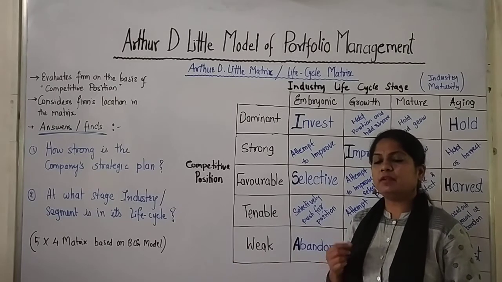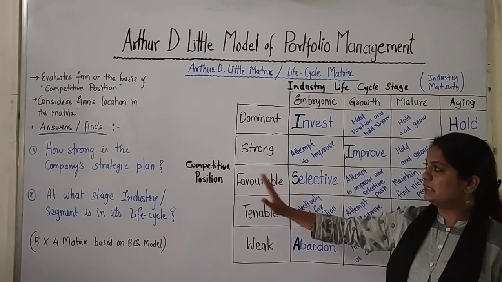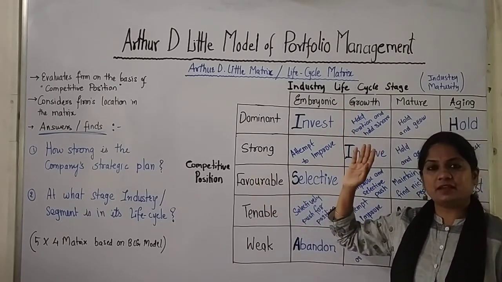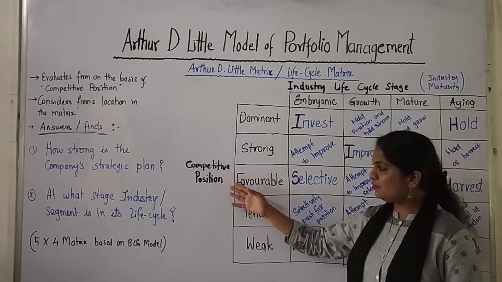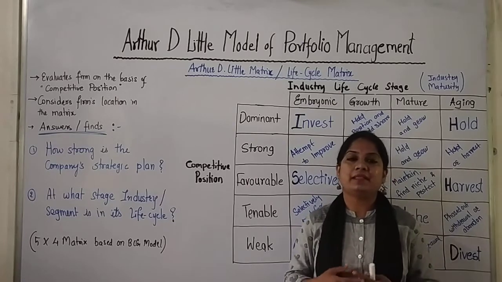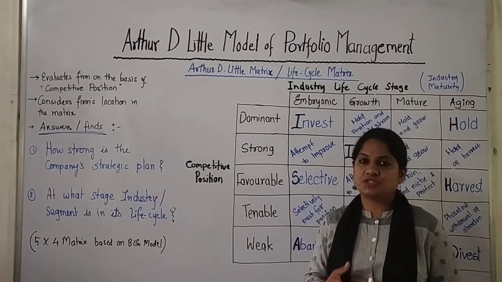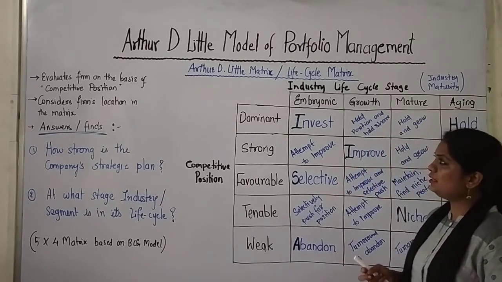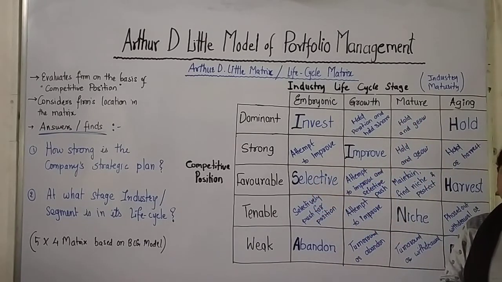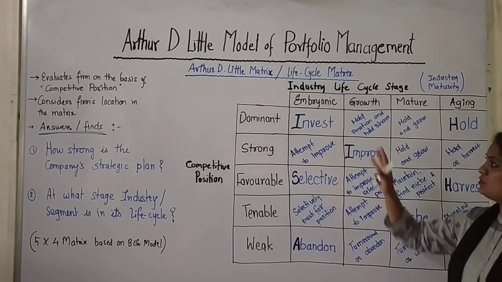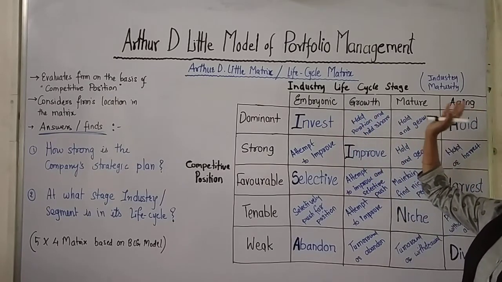So first we will understand what these 2 mean, that is, what the life cycle stages are, and what the different competitive positions are that Arthur has suggested here. So he identifies 4 stages and 5 positions. We will understand the first 4 phases or stages.